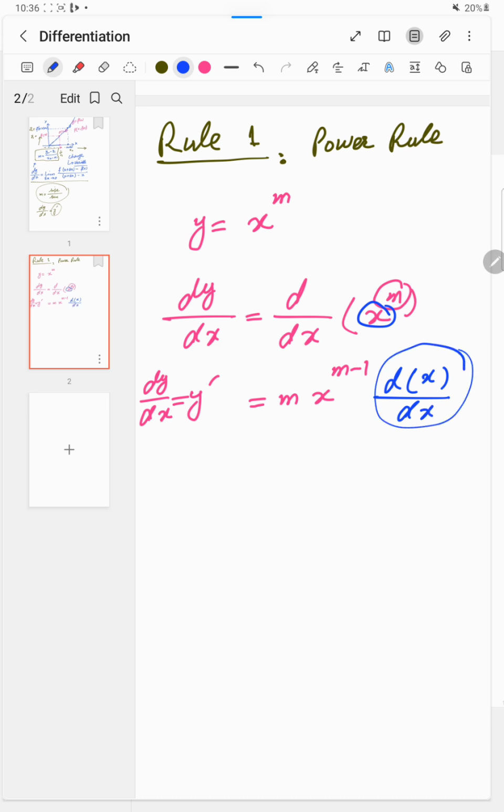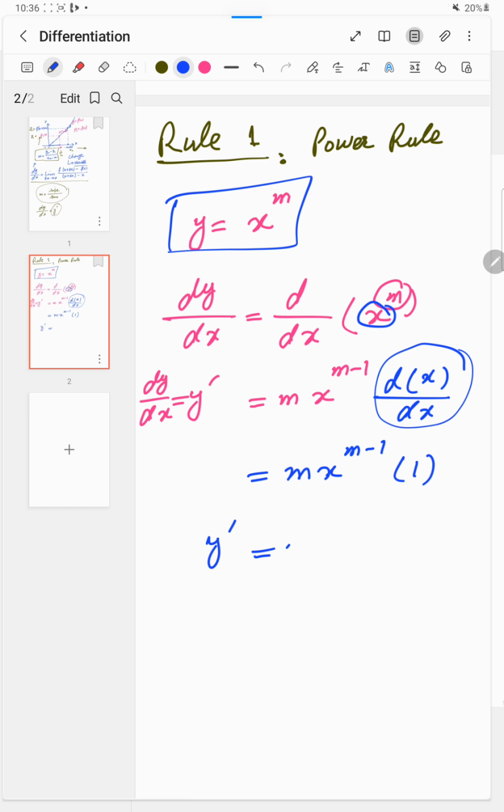The answer of this will be 1, so it becomes m x raised to the power m minus 1 into 1. So the derivative of this function, y prime, is equal to m x raised to the power m minus 1. So this is the power rule.